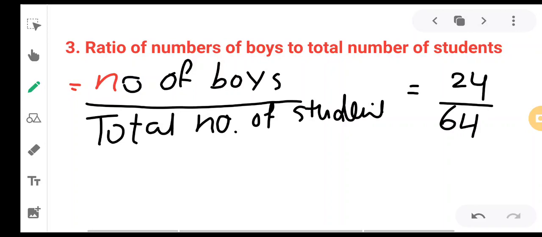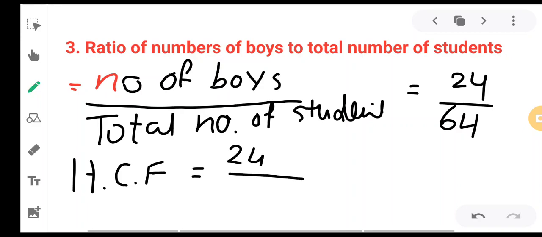Again we take the HCF, the highest common factor, of 24 and 64, which is 8.